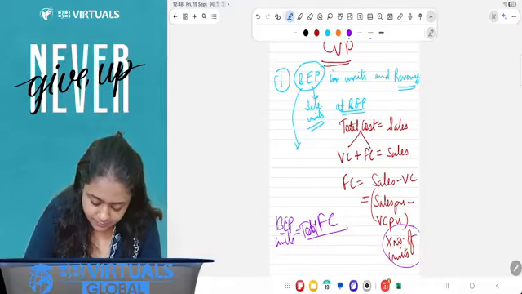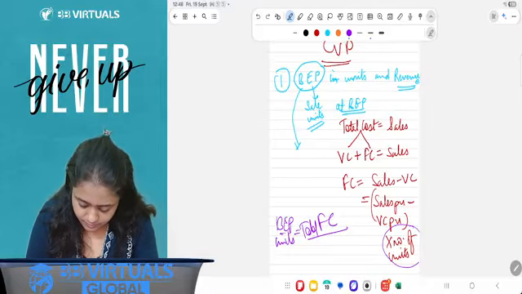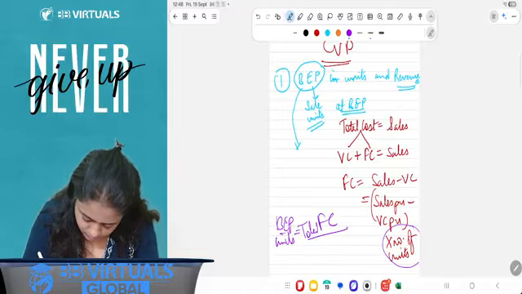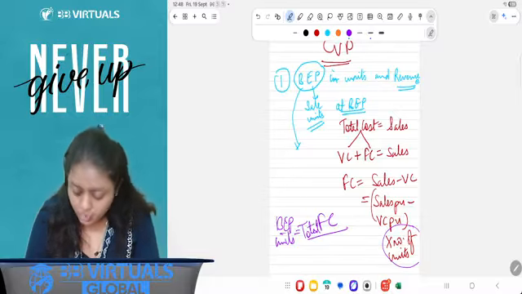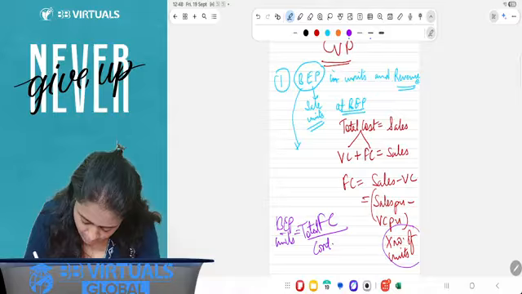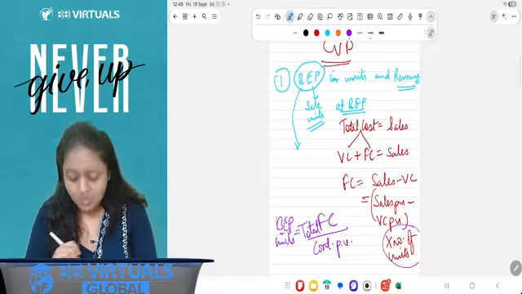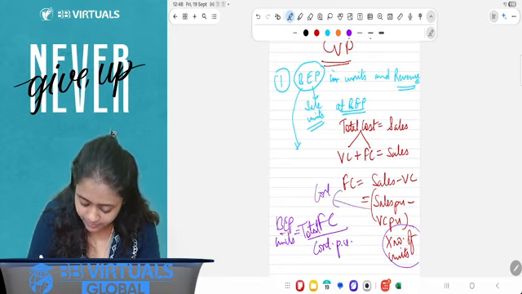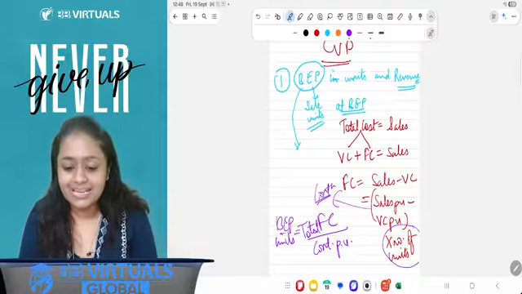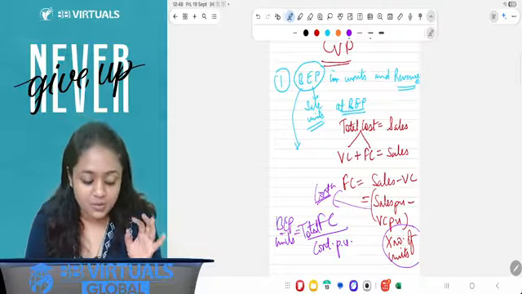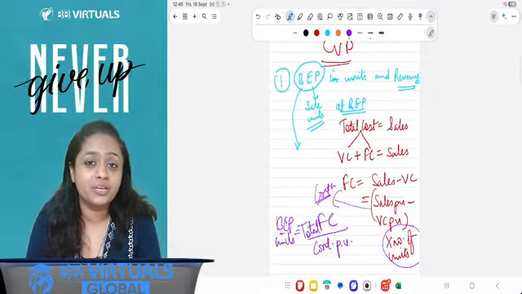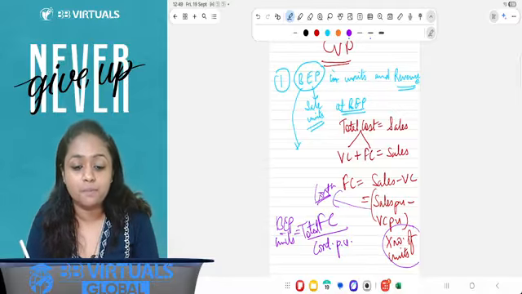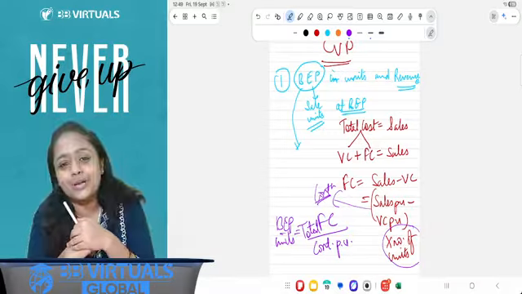Total fixed cost divided by contribution per unit. Why? Because what is sales less variable cost? Contribution. So I can say that my break-even point in units will be equal to total fixed cost divided by contribution per unit. I hope all of you are clear with this.